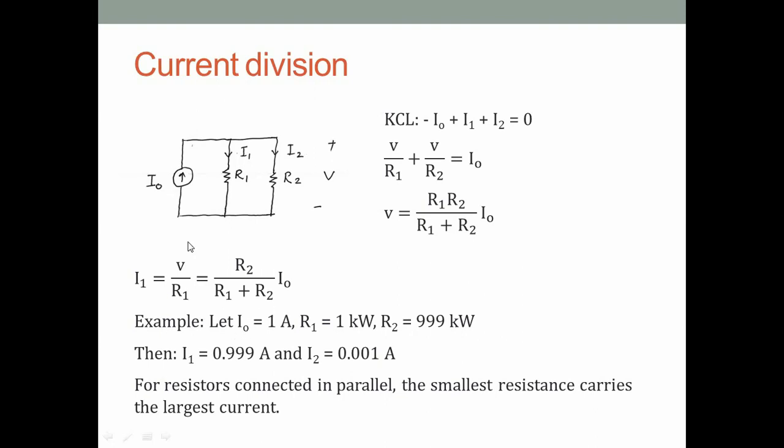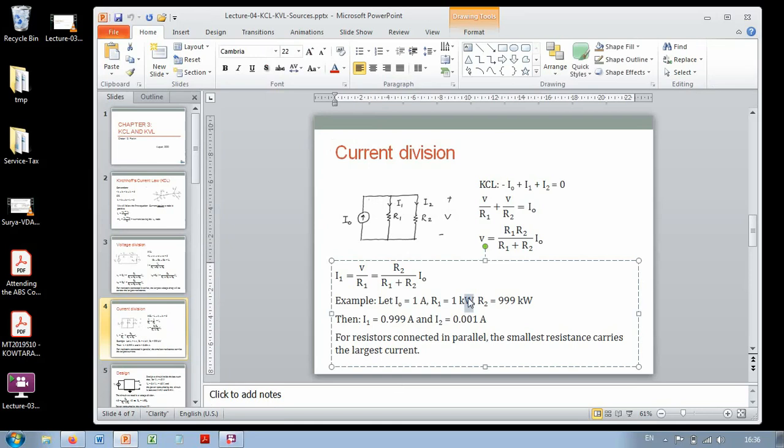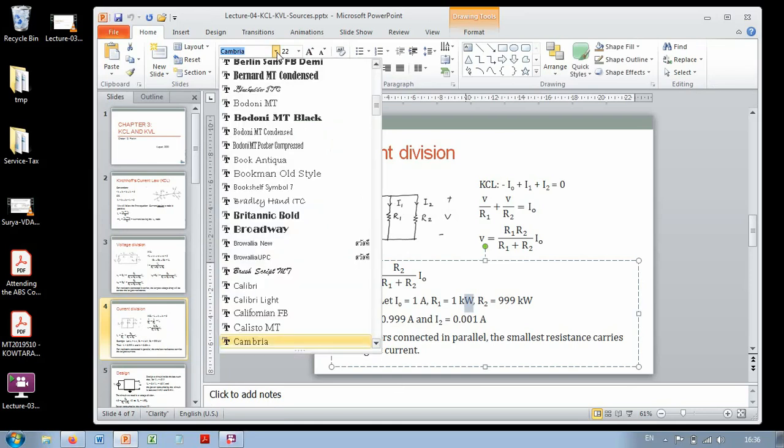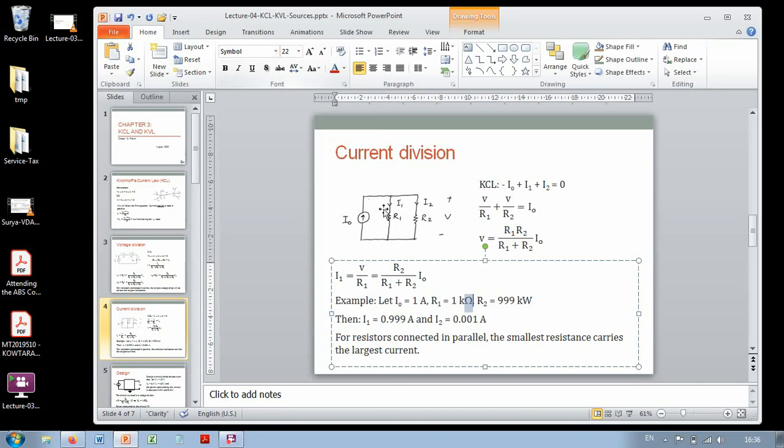Let us say I0 is 1 ampere. Let us say R1 is, this is kilo ohms, not W. Let us change this quickly. Okay.